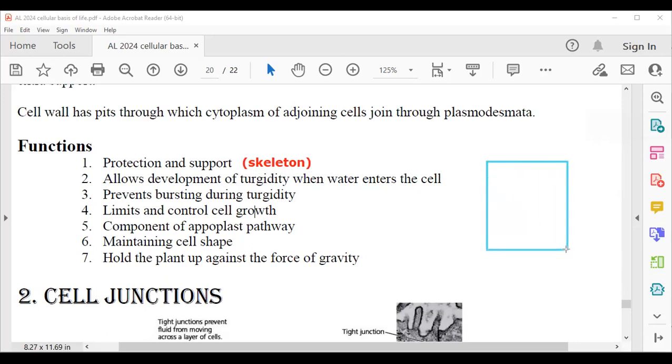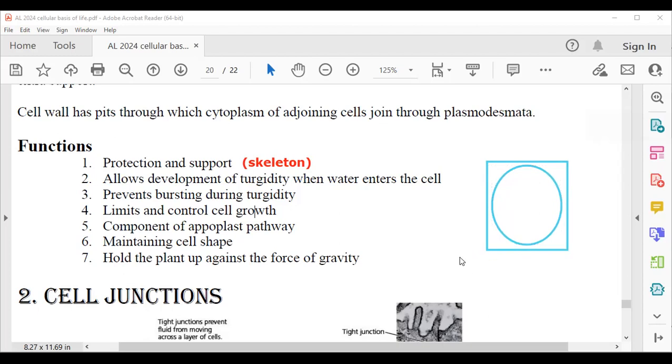Here, the cell wall, and here, a vacuole. When the vacuole is enlarging, it is taking water, becoming large, large, large, it is going to press the cell wall.